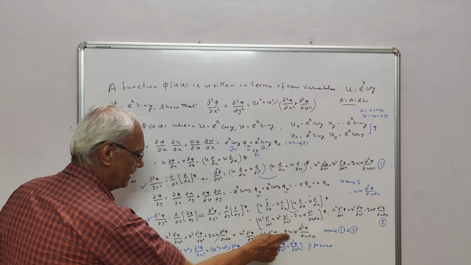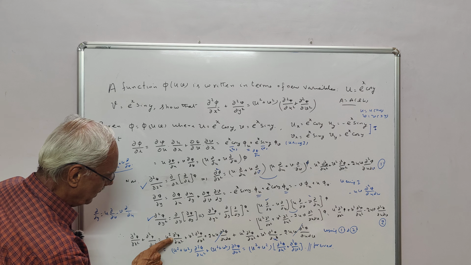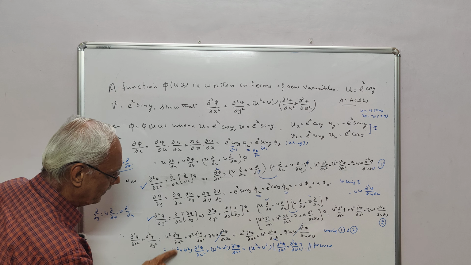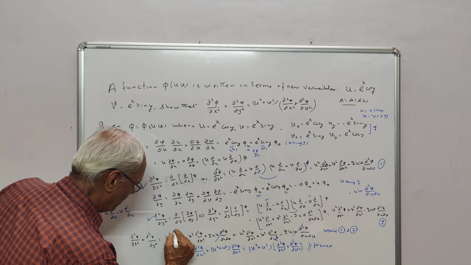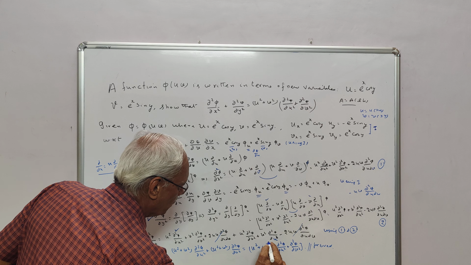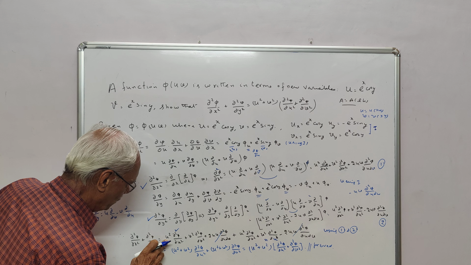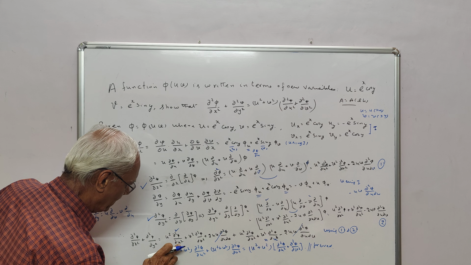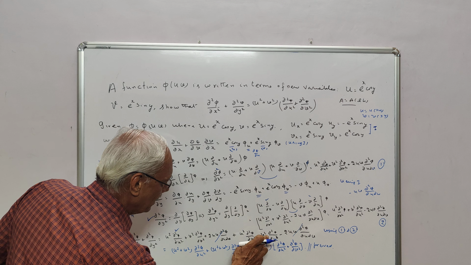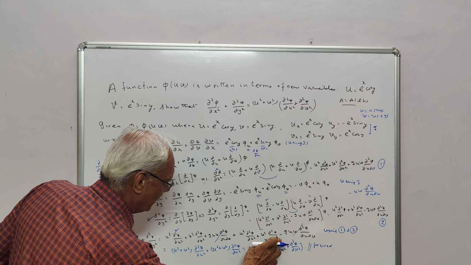Now this plus and minus will get cancelled. Here you have got ∂²φ/∂u², and here you have got ∂²φ/∂u² as well. Add these two: u squared ∂²φ/∂u² and v squared ∂²φ/∂u².